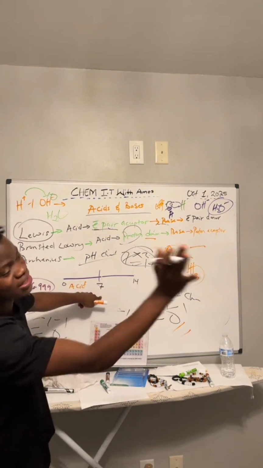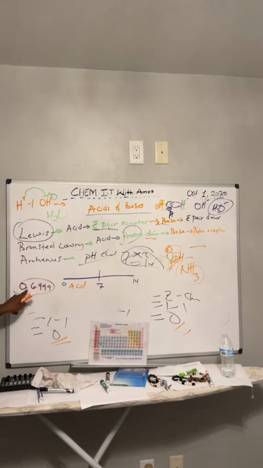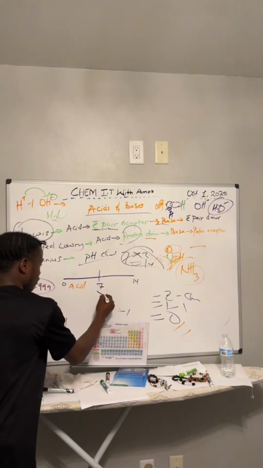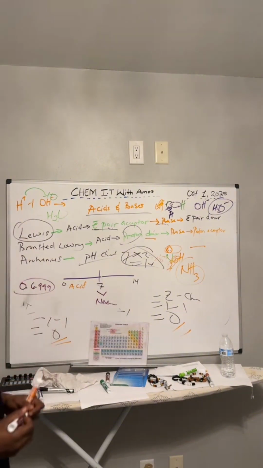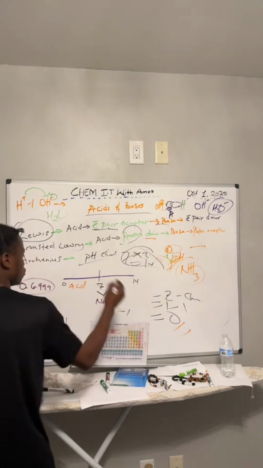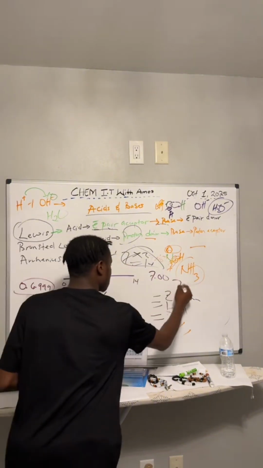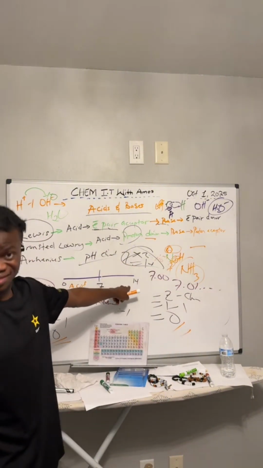It's neither an acid nor a base. So acid reads from 0 to 6.999, so we say it's acid. When it's 7, it becomes neutral. Then when it crosses 7.00 and reaches 7.01 upward to 14, that becomes a base.